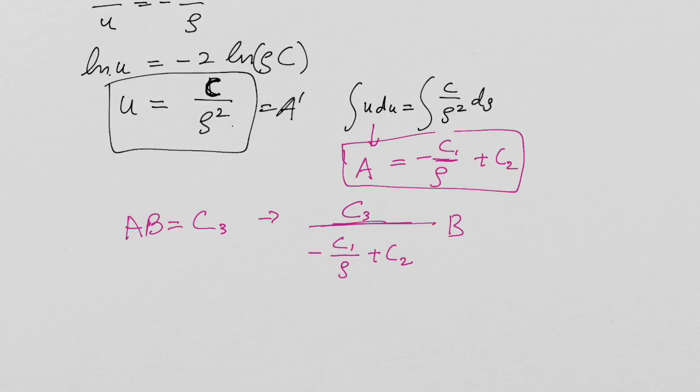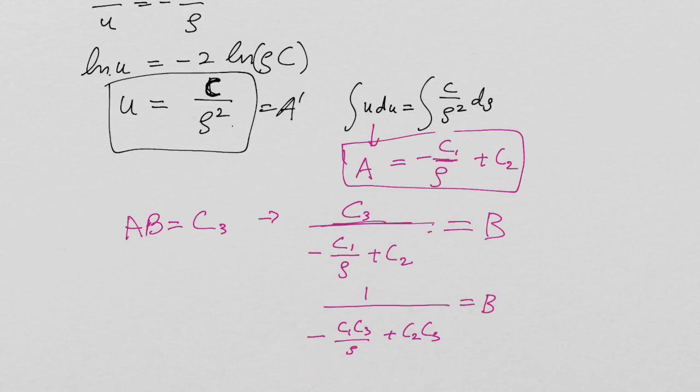This equals B. So I take C3 into the denominator, and I should get 1 over, let's see, I think it looks something like this, right?